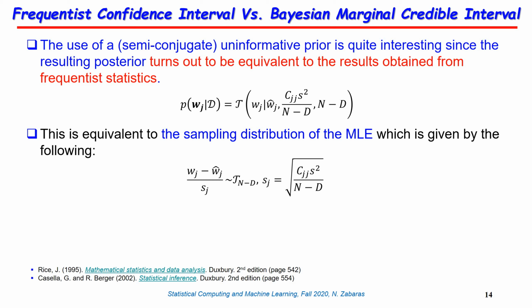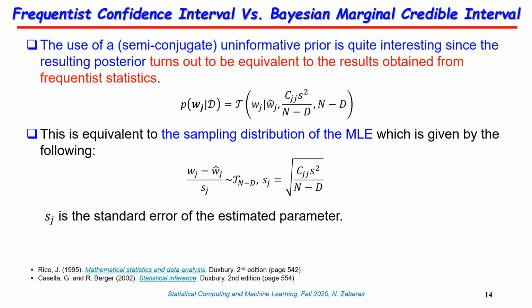One way or another, the results that frequentists report as error bars on the parameters are the same that you would get with credible intervals in this fully Bayesian setting, using this particular uninformative limit of the conjugate prior that we introduced in the lecture today.